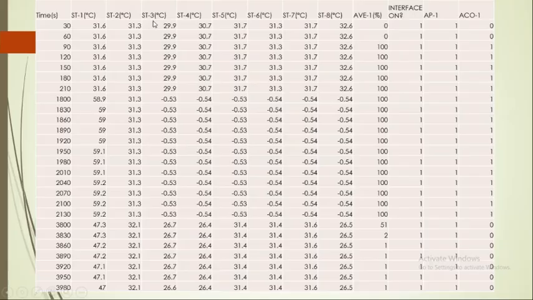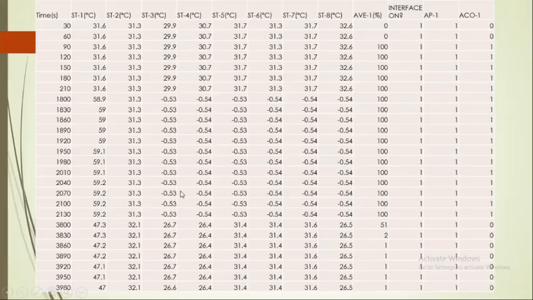Then we have ST3, which at the beginning is 29 to 30 degrees centigrade, but after a certain time period, around 1800 seconds, we have minus 0.53. This temperature sustained for a longer period.